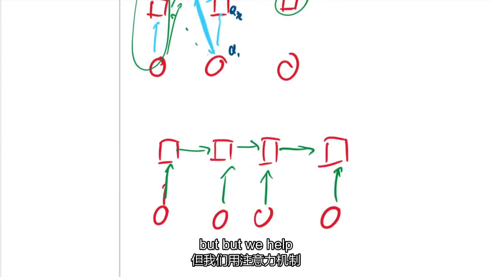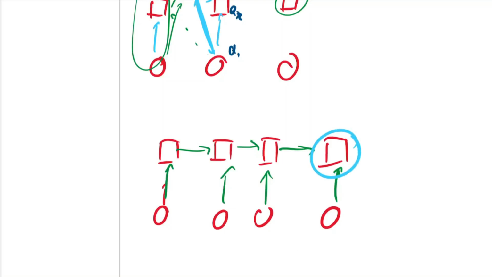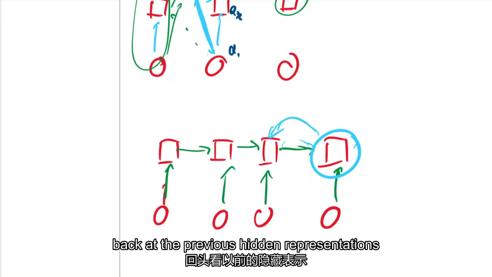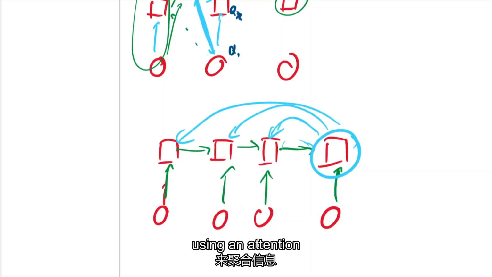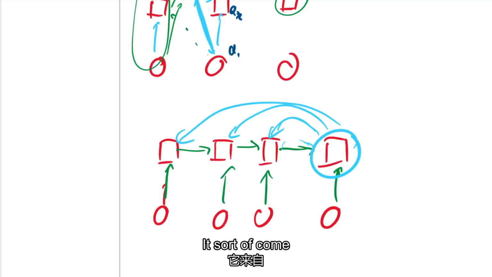But if we help this with an attention mechanism, whenever you compute, for example, this representation, you're allowed not only to have this connection, you're allowed to look back at the previous hidden representations and aggregate information using an attention mechanism. So that's where attention mechanisms actually come from in this domain.